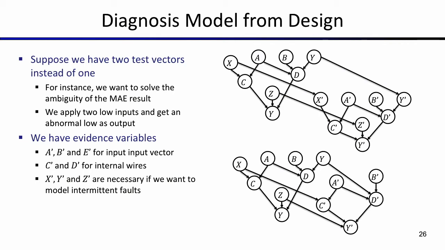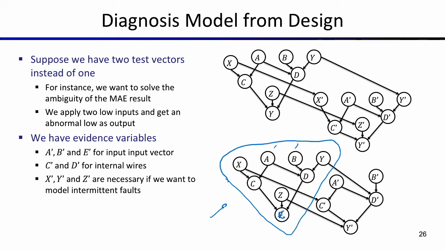Let's look at the bottom case first, because it's slightly simpler than the top one. Here we have our original Bayesian network, with inputs A, B, and the expected output, E.